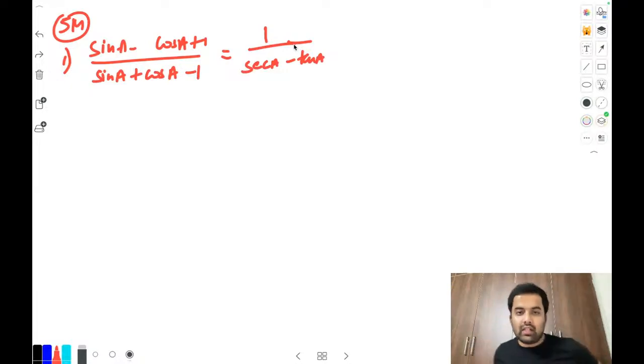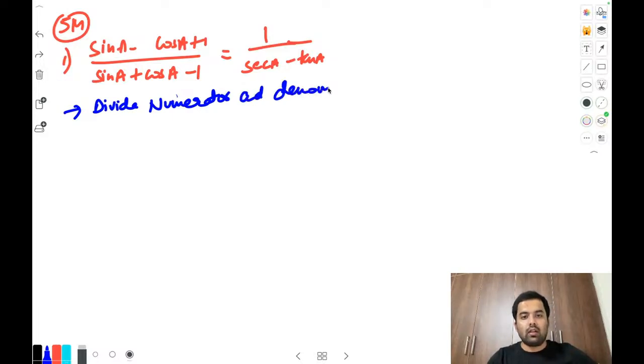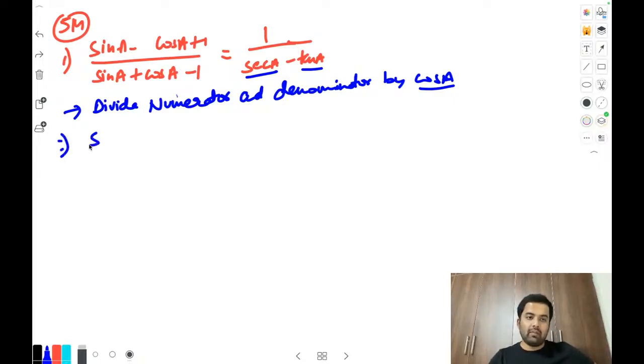Here there is one single concept we have to apply. Let me mention that, then we'll proceed with the answer. Divide numerator and denominator by cos A. Why are we dividing by this? Because we need the tan value and sec value in the answer.